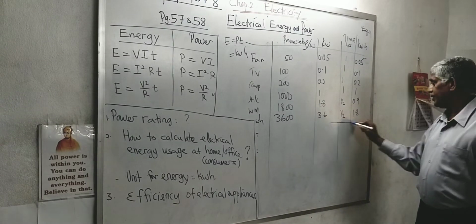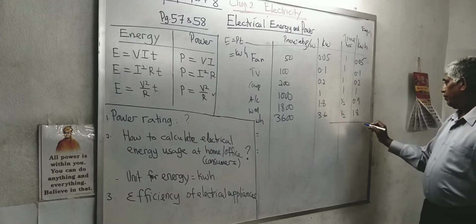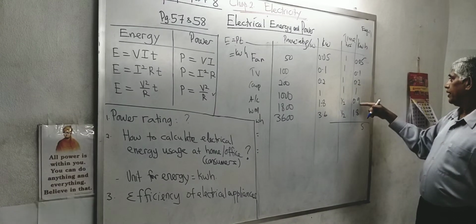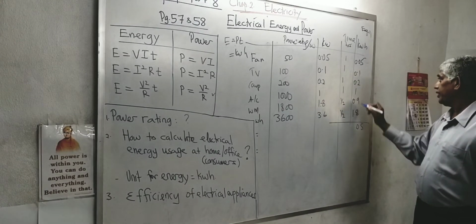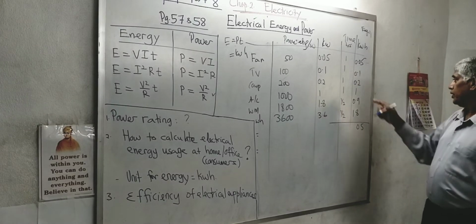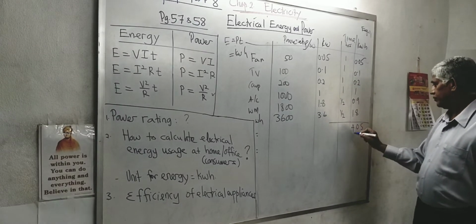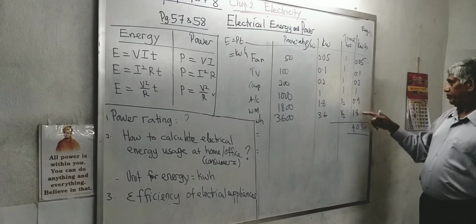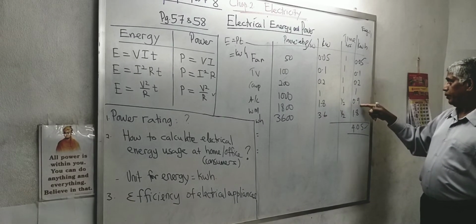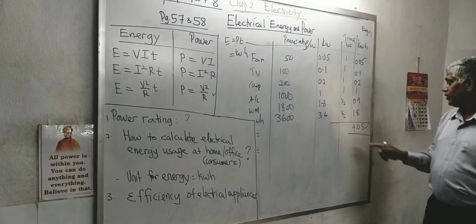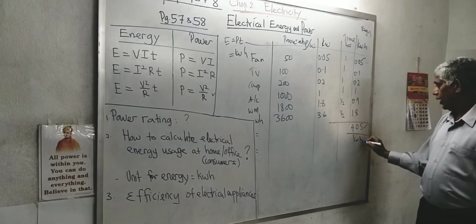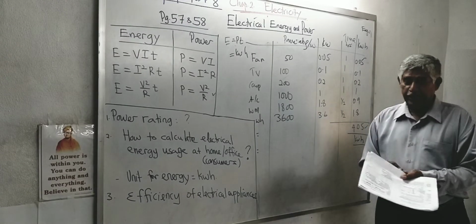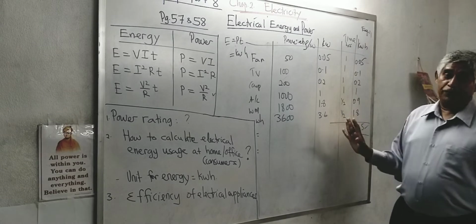So the total energy you use: 0.05, 0.1, 0.2, 1, 0.9, 1.8. Okay, so please check this. Altogether you get 4.05. So this is the kilowatt hour you are using in a day.